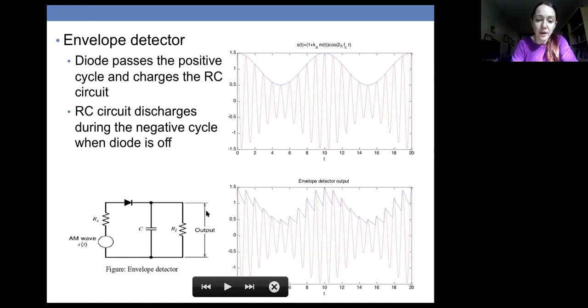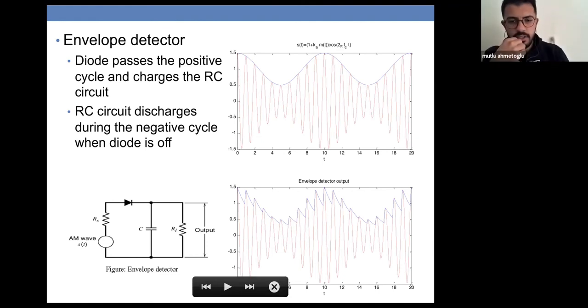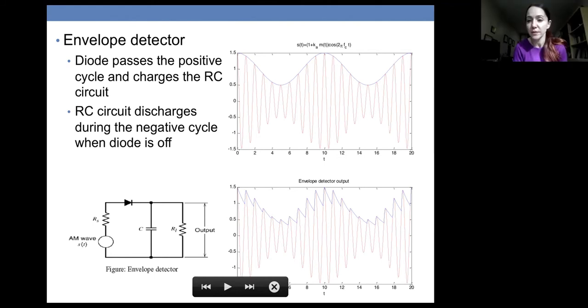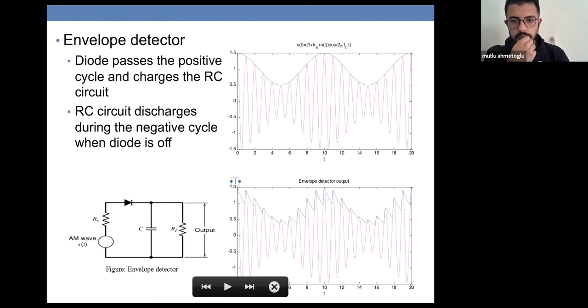Okay. Now, let me ask you, how fast does this thing decay? Depends on RC. Exactly. RC is the time constant.